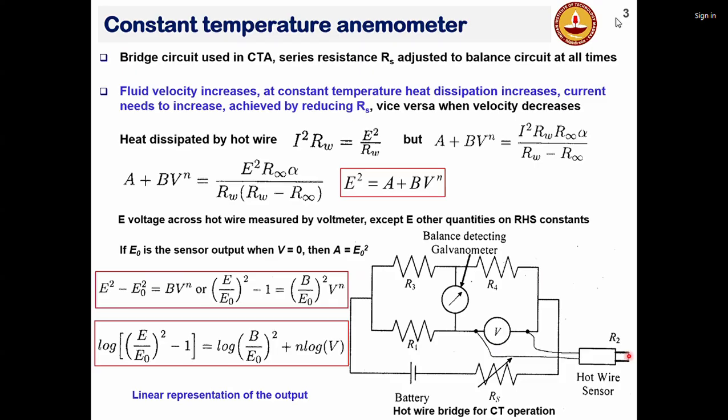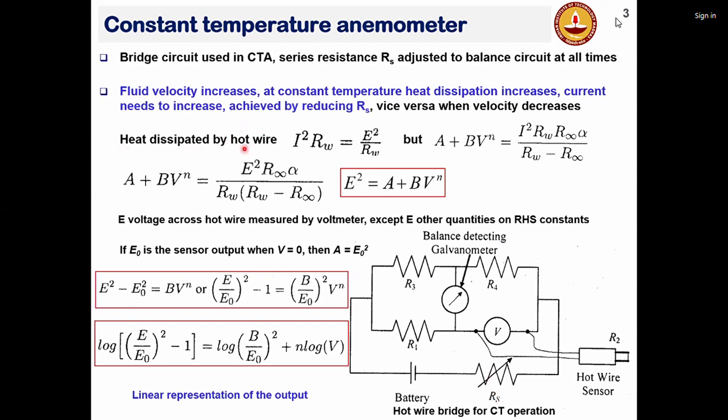Otherwise, as compared to an initial quiescent state, when there is flow, the temperature will not remain constant. So in order to keep the temperature constant, you have to increase the current flowing through the hot wire, and this is achieved by lowering the resistance RS.